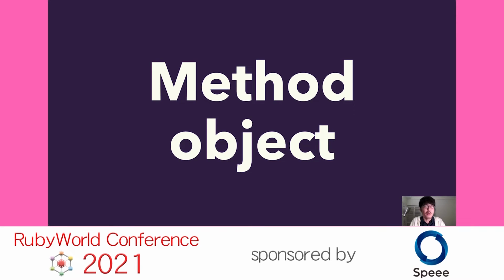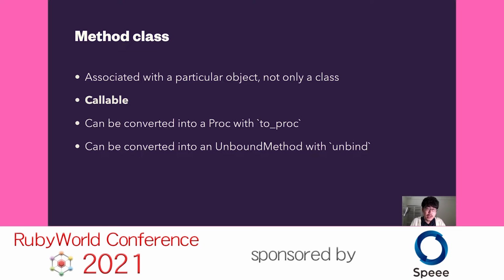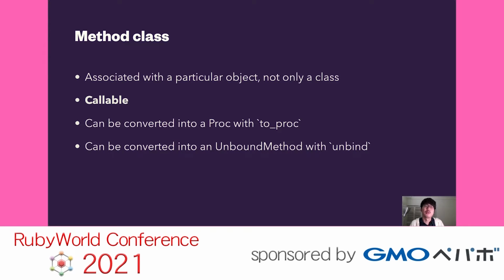So I came through this very quickly, but a method is also an object. As a method object, there are two classes to express that. One is the Method class. foo.method(:gsub) is similar to the one you saw in that example, and it is executable, because the necessary information is already there.